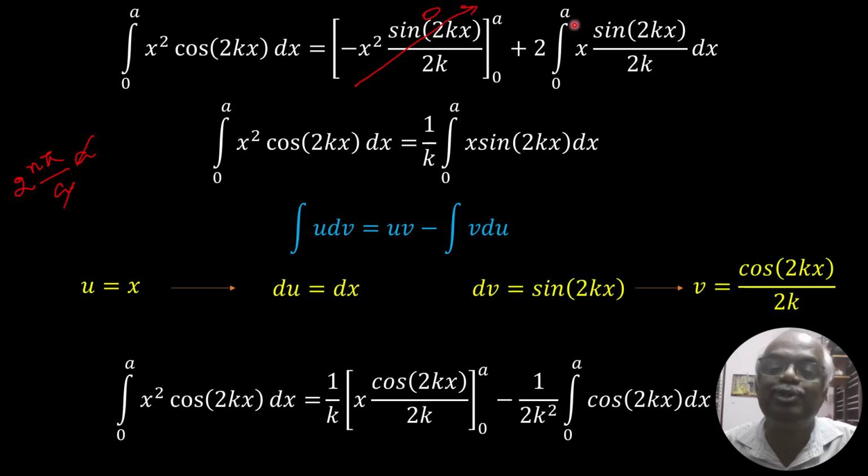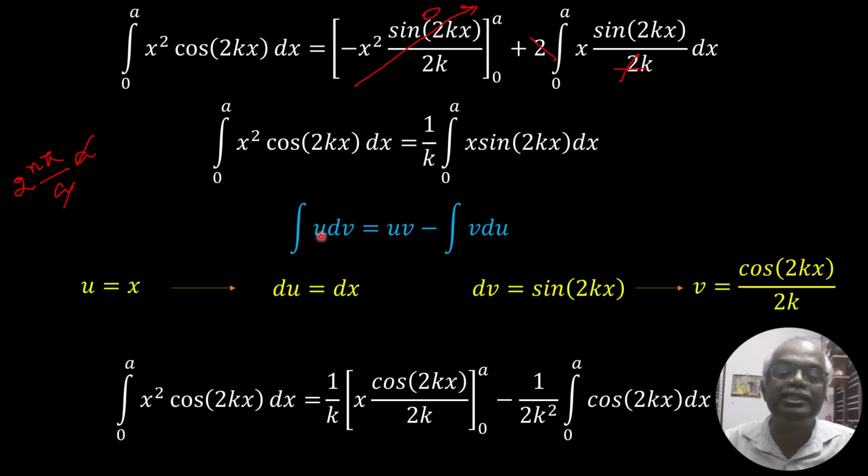Then you take only this integral part, that is 2 times the integral between 0 to a of x sine 2kx over 2k dx. Here the 2 and 2 get cancelled, so naturally you take 1 over k outside. Then the integral 0 to a of x sine 2kx dx.